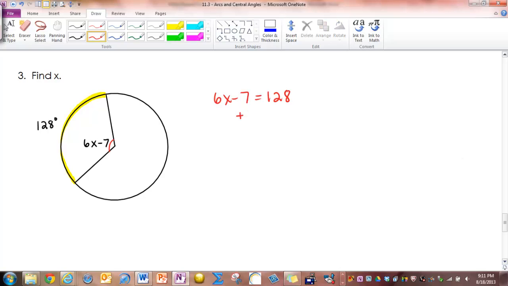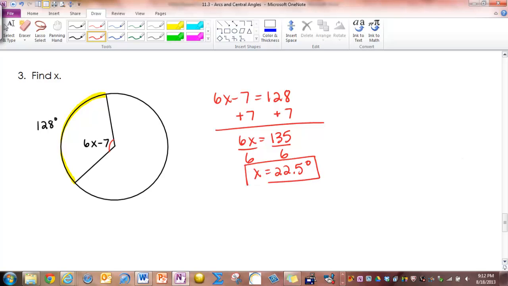Solving this algebra problem, I add 7 to both sides, getting 6x equals 135 degrees. Dividing both sides by 6 gives x equals 22.5 degrees. And don't be afraid here if you get a decimal answer, because you will have decimal answers for some of these angles, and that's totally fine.